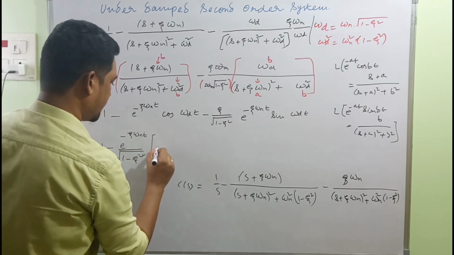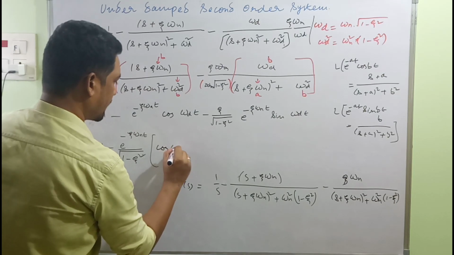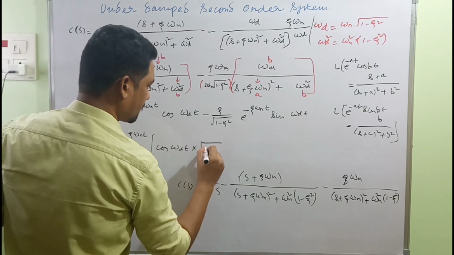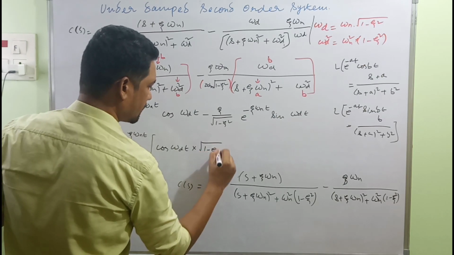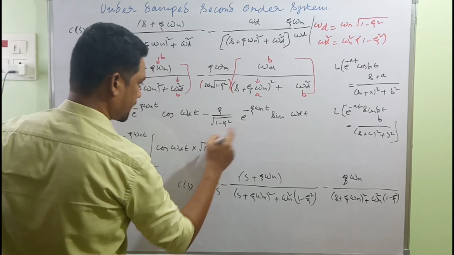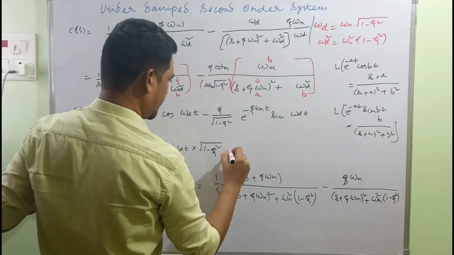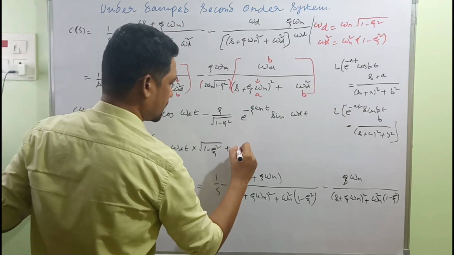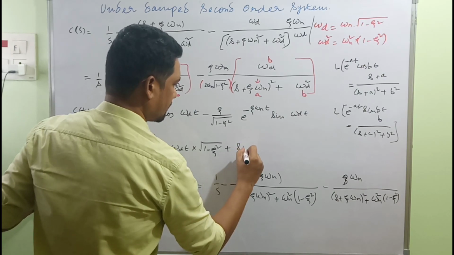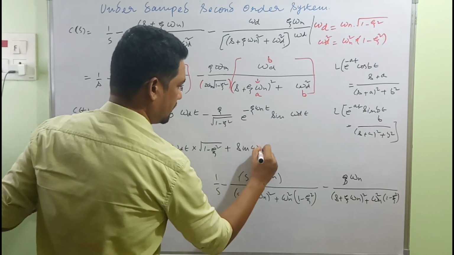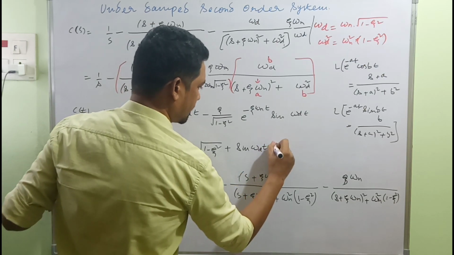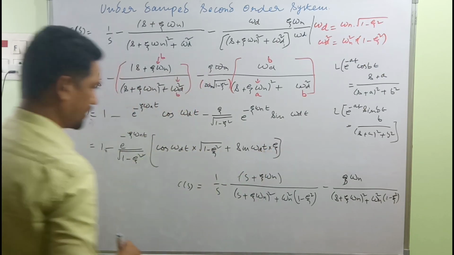It will be cos omega d t, and into this under root 1 minus zeta square, because we took this out as common from both the terms, right? We have taken the negative, so that will be positive, and sine omega d t here, now t multiplied with zeta. This is the transformation.